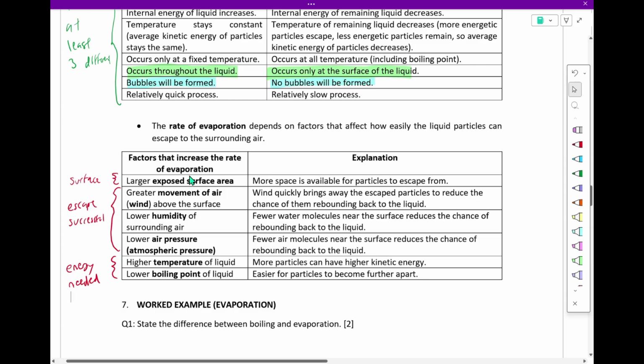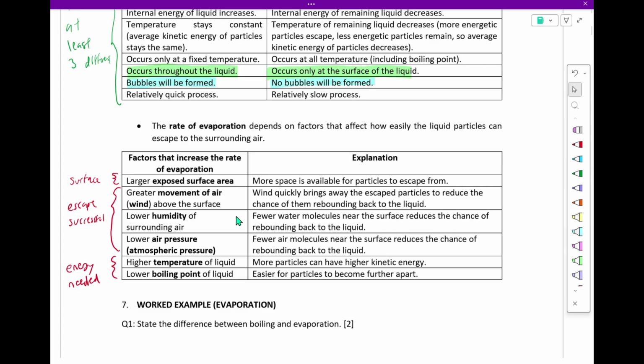On the other hand, if you have greater movement of air or wind, just imagine you're a liquid particle, you escape into the air and then the wind blows you away, you escape successfully. It's like a bank heist where they have a car ready and the robbers just see the car and go away, which increases the chance of them escaping.